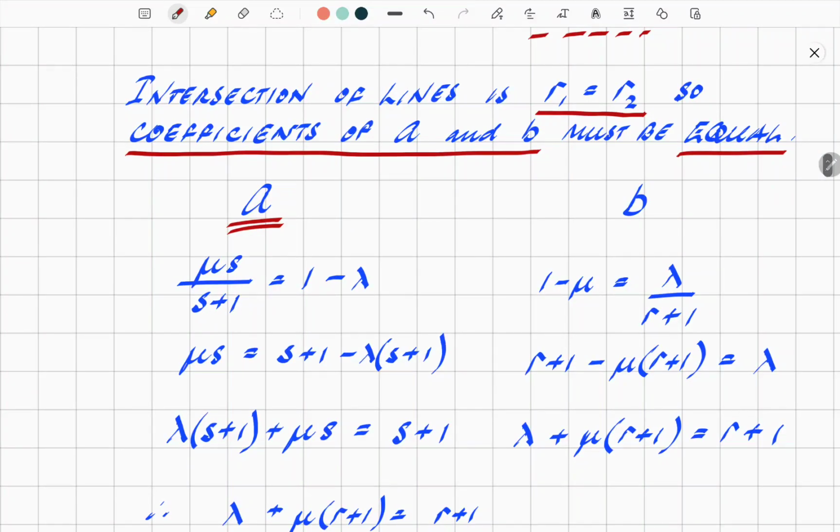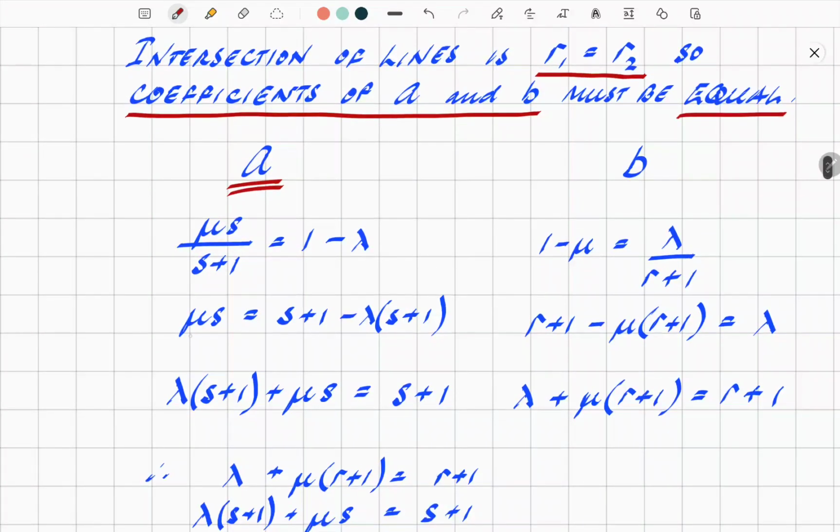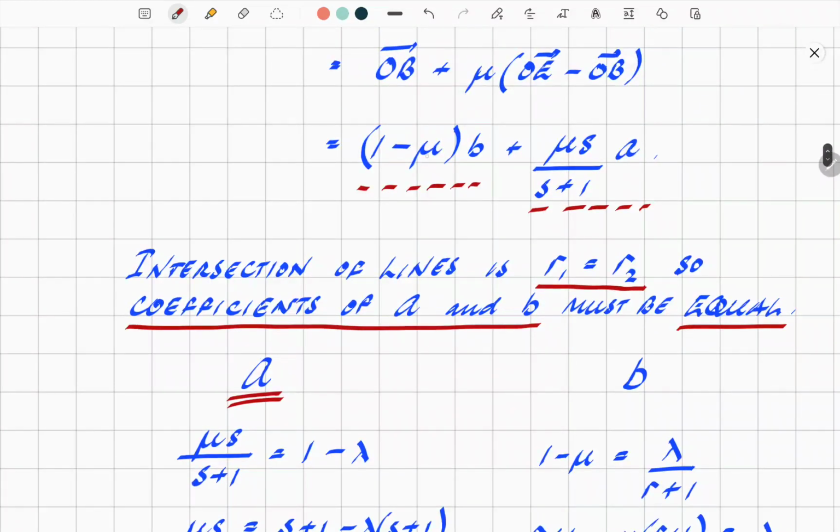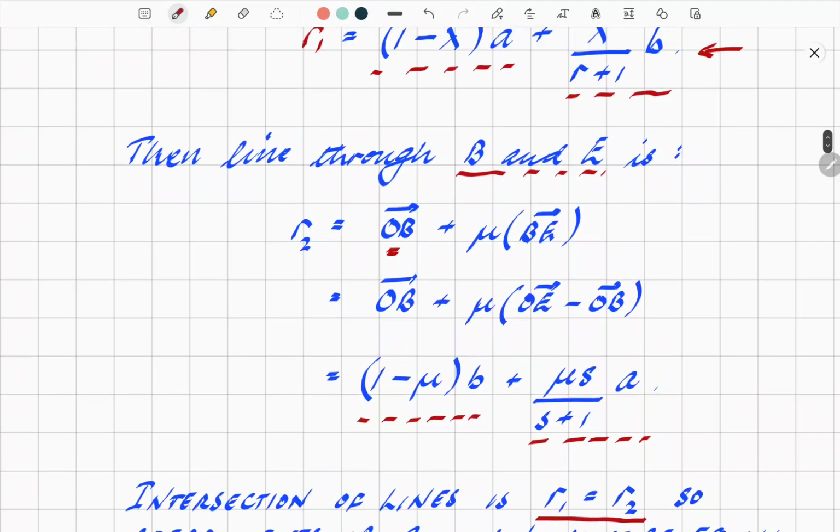Multiply across denominator, all right, basic algebra. Mu s equals s plus 1 minus lambda times s plus 1. Again, tidy it all up, and I have an equation with lambda and mu with coefficients equals s plus 1. All right. Same process for B. And again, going back, in the second equation, B has 1 minus mu as the coefficient.